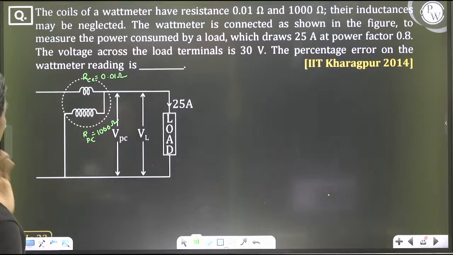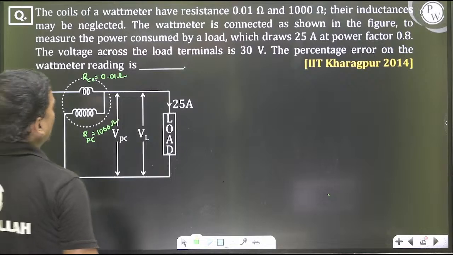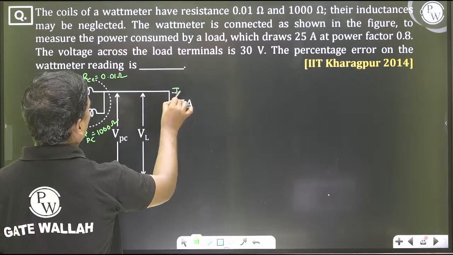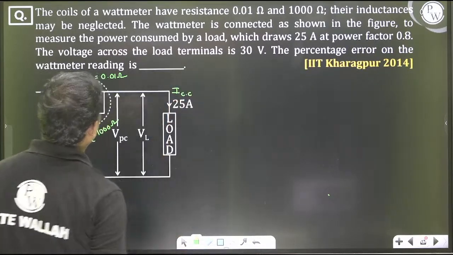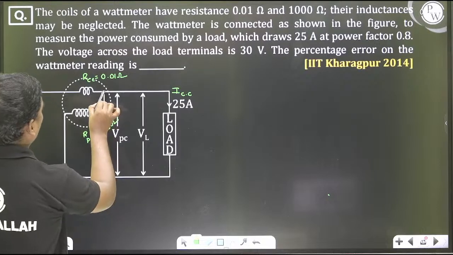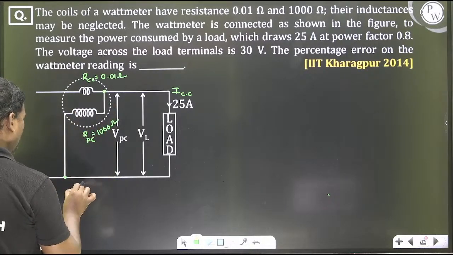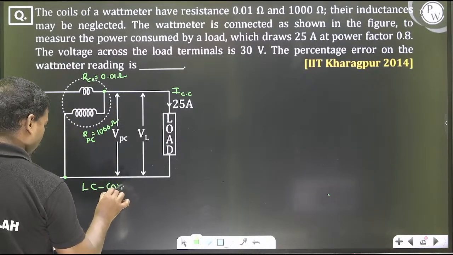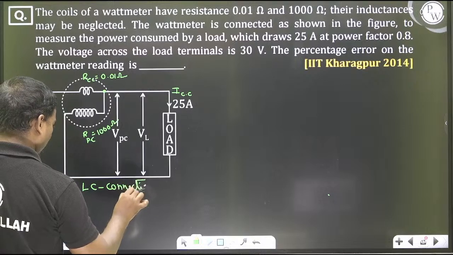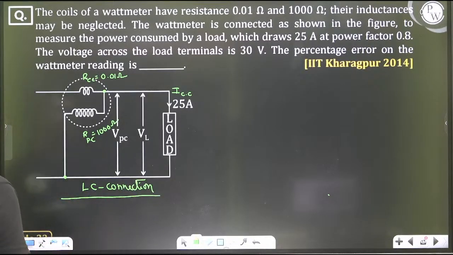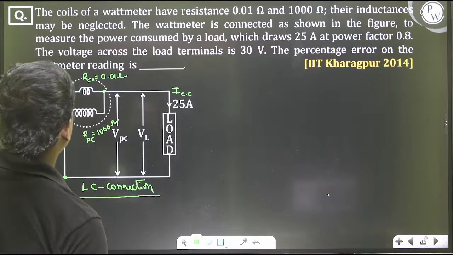Their inductances may be neglected. The wattmeter is connected as shown in the figure to measure the power of a load which draws a current of 25 amperes. So first of all, it is what connection? It is the LC connection.